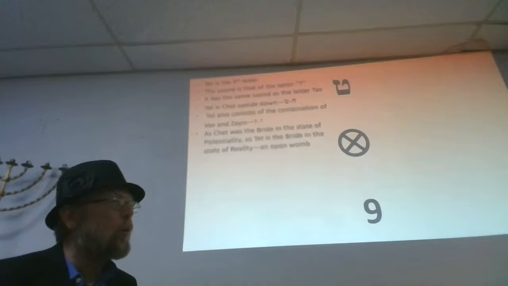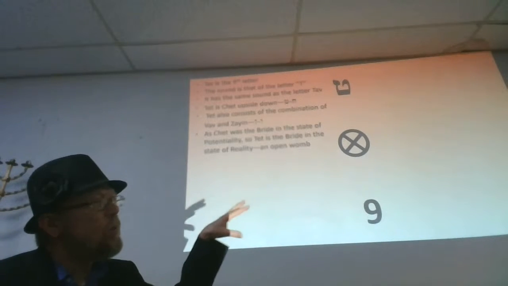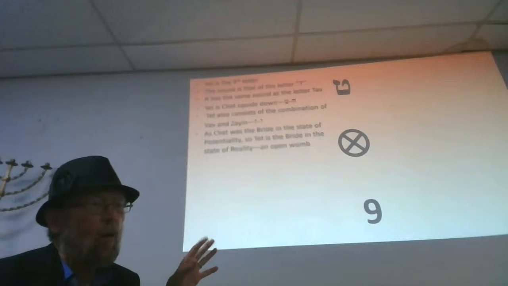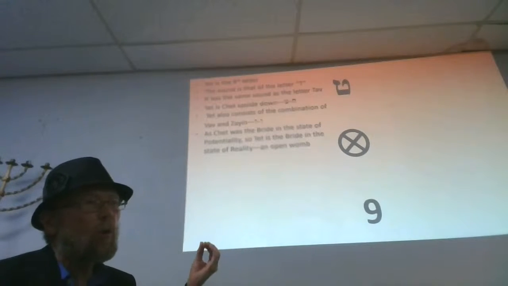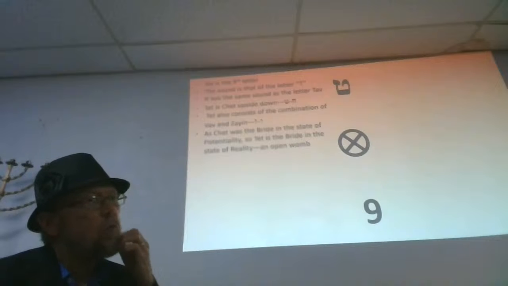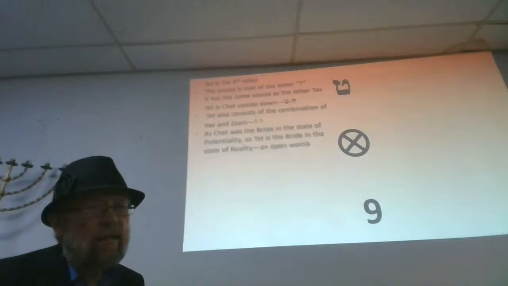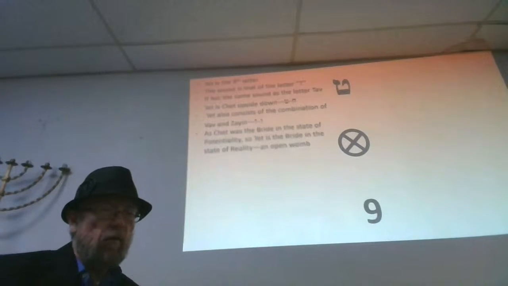And oftentimes we don't want to be used. And so we're in this position between chet and tet, where we have the potential, but we will not allow that potential to become actual, to become reality. And so tet is the bride in the state of reality.